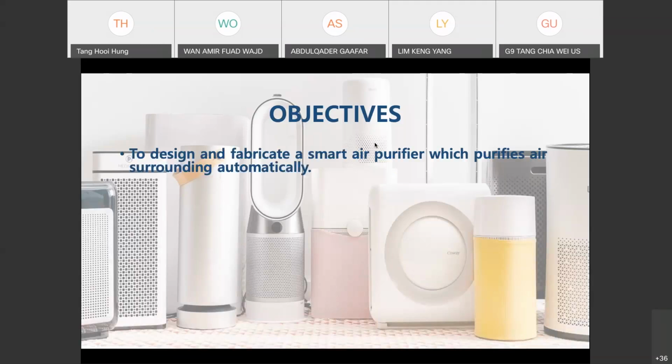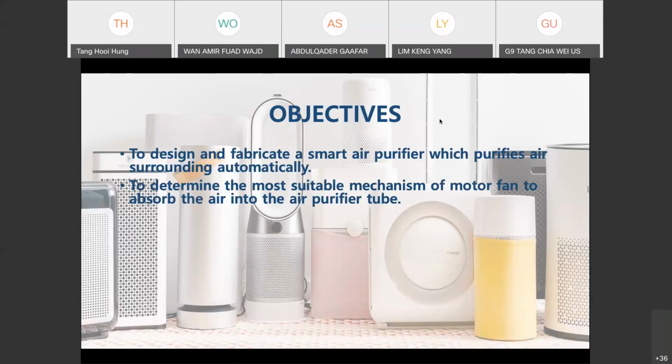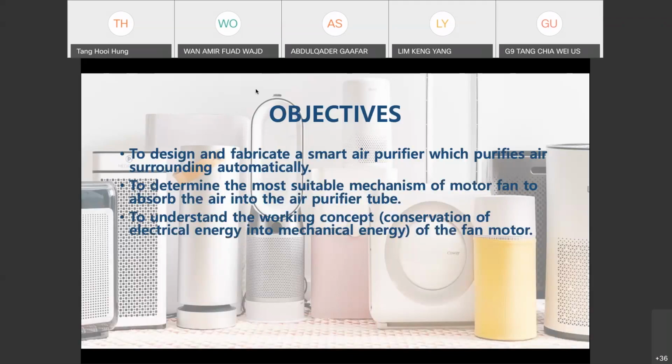For this project, there are several objectives. First, design and fabricate a smart air purifier which purifies the surrounding air automatically, which is especially useful during this COVID pandemic for controlling air quality. Next, determine the most suitable motor fan mechanism to absorb air into the air purifier tube.